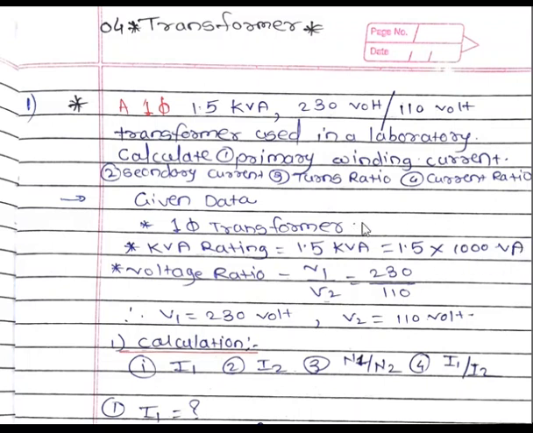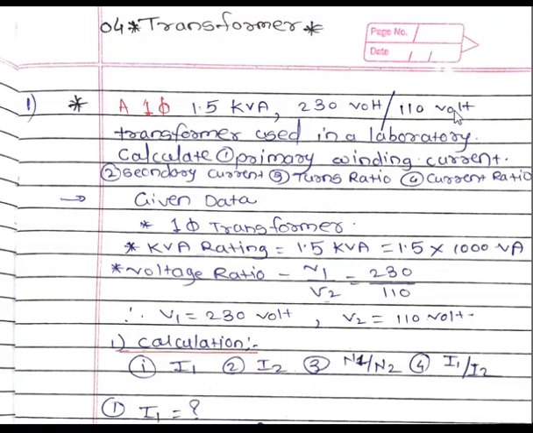This conversion is done because the voltages are given in volt, not in kilovolt, and our current is always in ampere, not in kiloampere. Therefore we always convert the kVA rating into volt ampere.